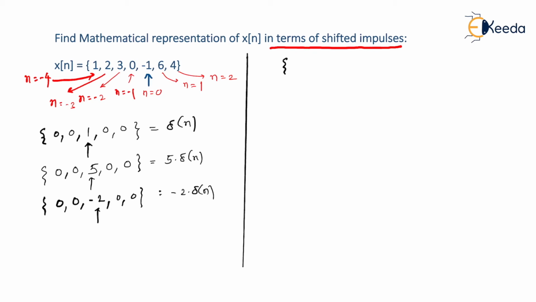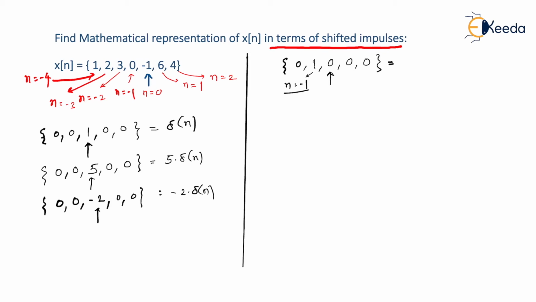Now for example, we have this kind of response. Now what does that mean? An arrow mark indicates the n equal to 0 position, and this 1 is present at n equal to -1 position. Is that right?